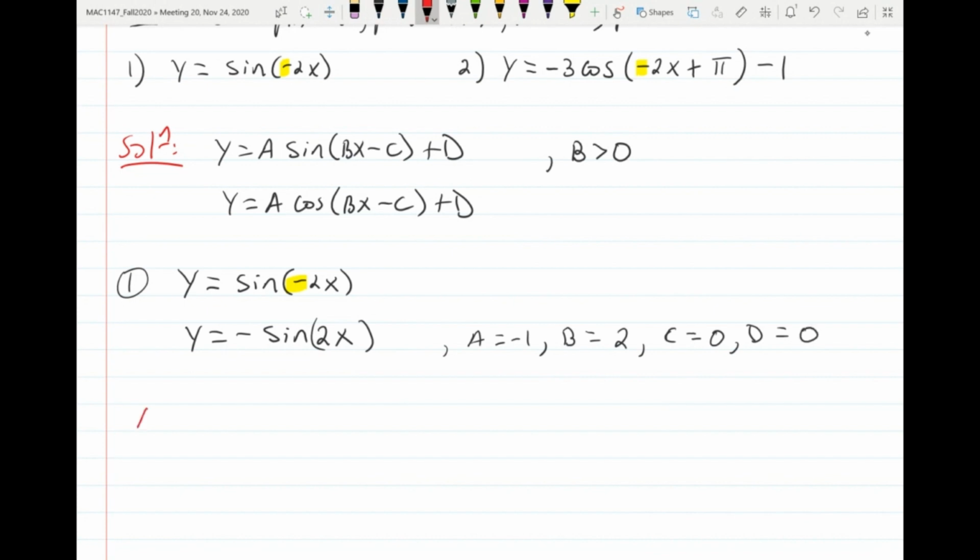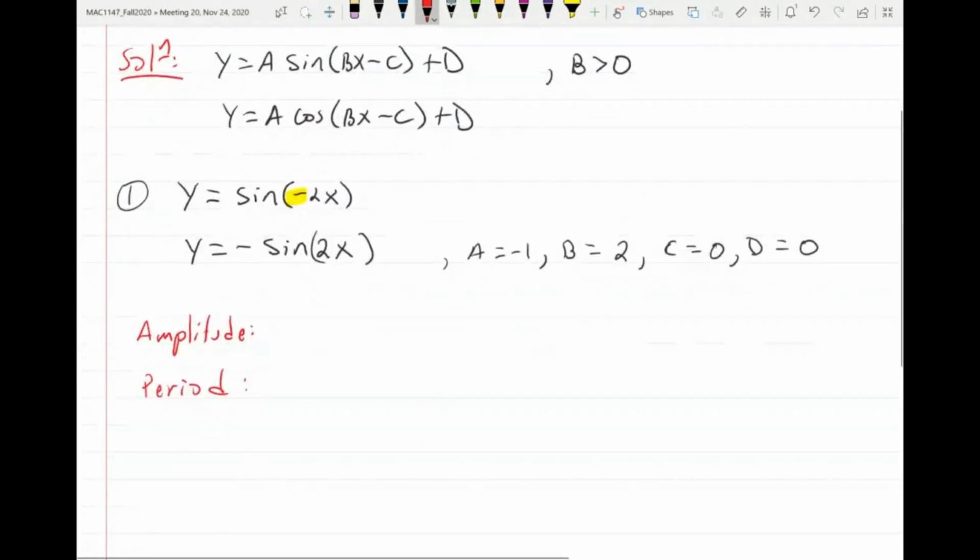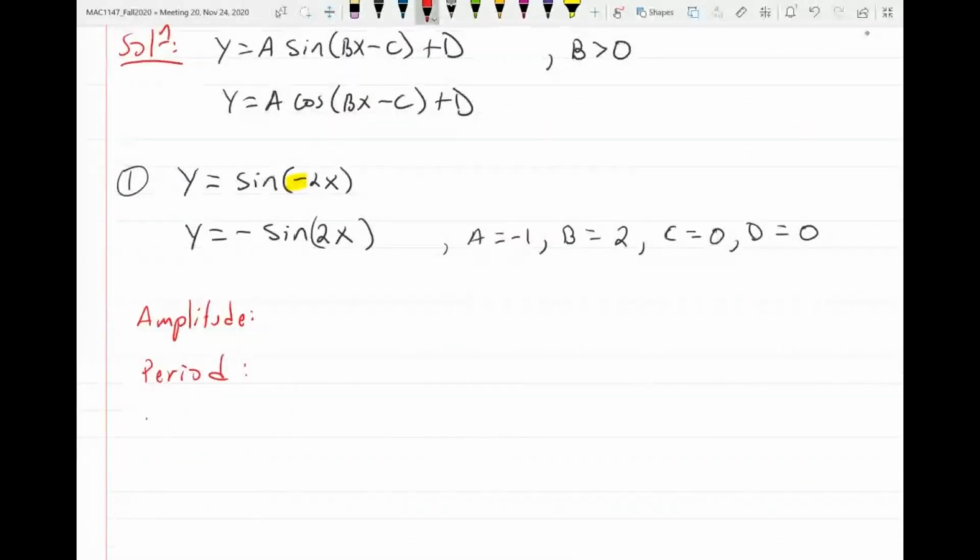So now let's figure out what we need. So we need amplitude. Then we're going to figure out the period. Then we figure out the midline. And then we're going to figure out the phase shift. Okay, so the amplitude. How do we find the amplitude? Remember, this is the absolute value of a, which in this case is positive 1.